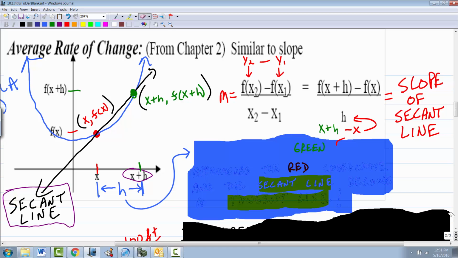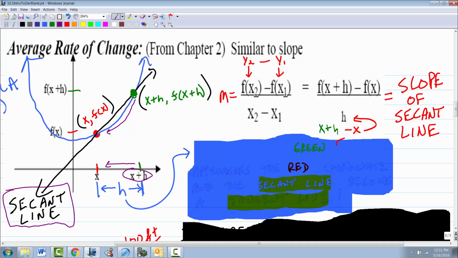Here comes the concept. What happens if I try to decrease this distance between these two coordinates? So this coordinate gets closer and closer to this coordinate. The closer these two coordinates come together, the more that line starts turning into a blank line.